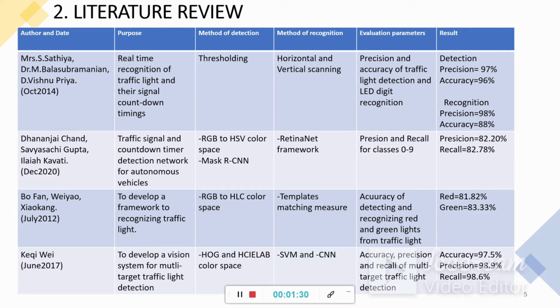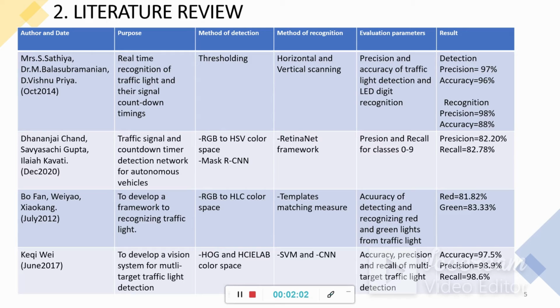However, for the third and fourth papers, they have used color conversion as the method of detection, while in the method of recognition the third paper used a template matching measure and the fourth paper used SVM and CNN classifiers. As evaluation parameters, accuracy of detecting and recognizing red and green light from the traffic light scored 81.82 for red and 83.33 for green.